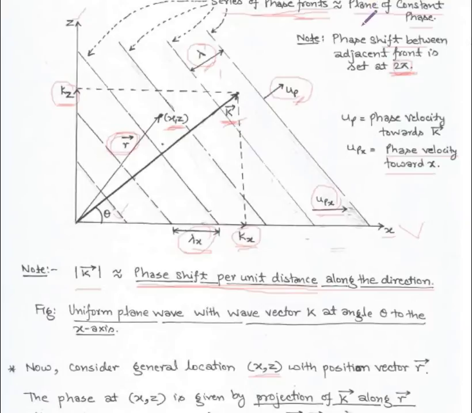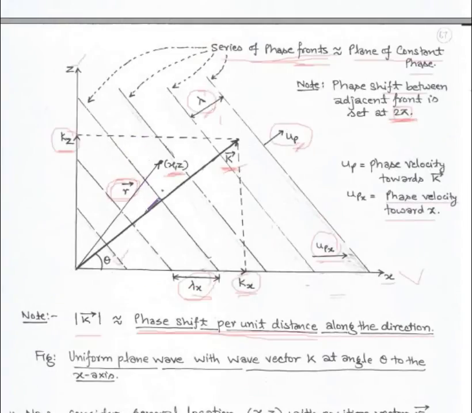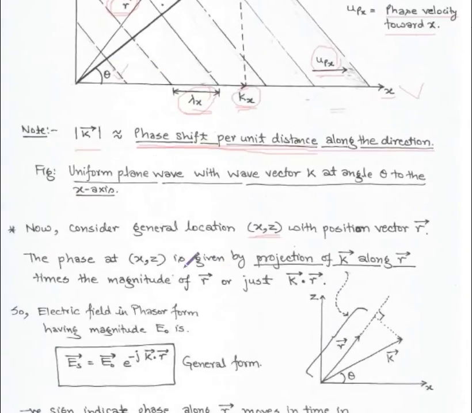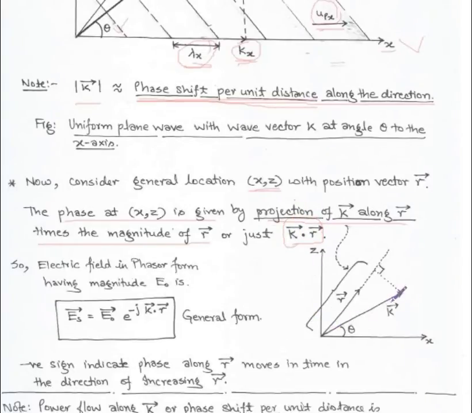So to determine the phase of this location with position vector small r vector, the phase is given by the projection of k vector along r vector times the magnitude of r vector, or we just take a dot product of k vector and r vector. So we simply say that to determine the phase at the location, we have to determine the dot product of the Poynting vector k vector and r vector.